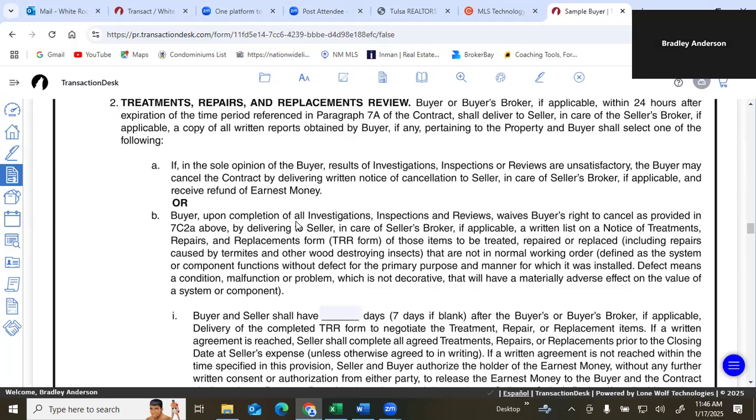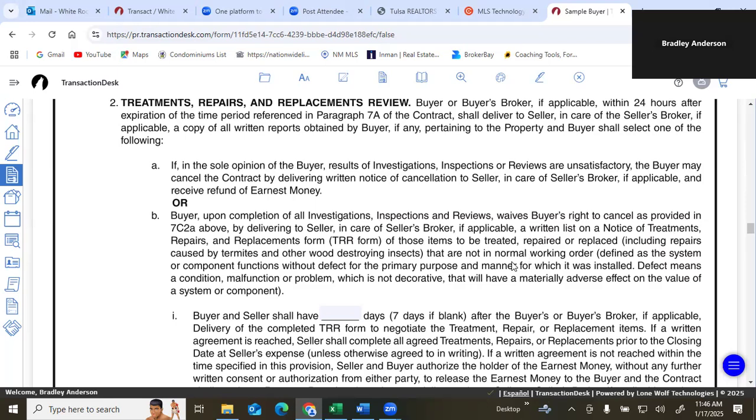Buyer, upon completion of all investigations, repairs, and reviews, waives the buyer's right to cancel, as provided in 7C2A above, by delivering to seller, in care of seller's broker, if applicable, a written list of notice of treatments, repairs, and replacements. This is what you want done.